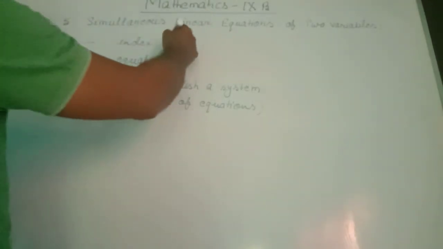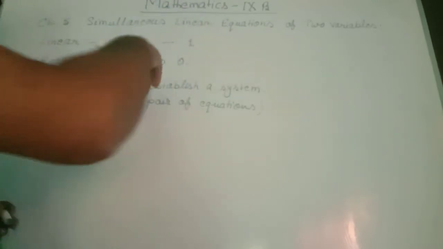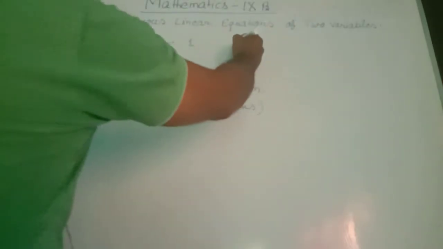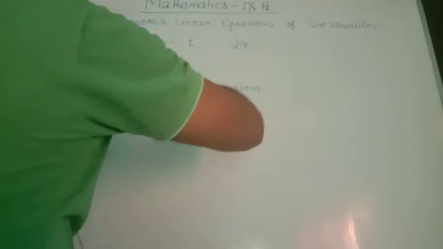On this basis we classify equations as linear, quadratic, cubic and so on. Linear means the maximum index is 1, such as ax, where the maximum index of the variable we are seeing is 1.